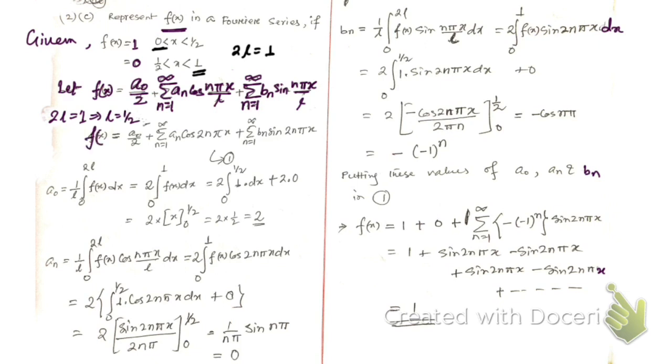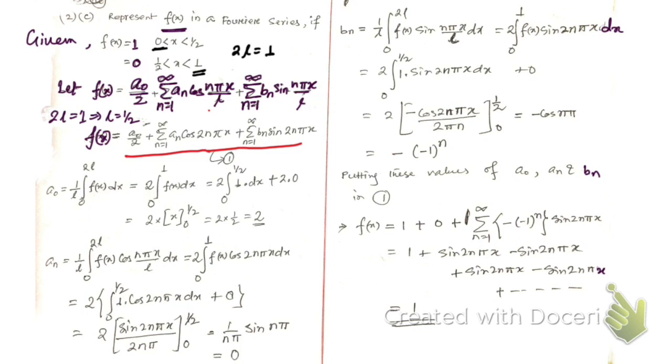Now f of x, if we replace this l and this l, then we're gonna get this series. So this l is replaced by half.